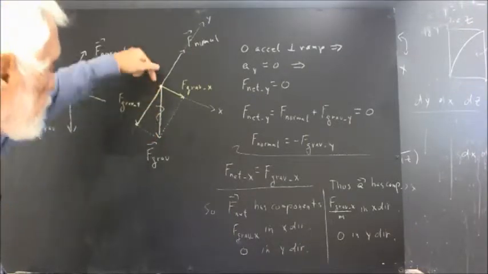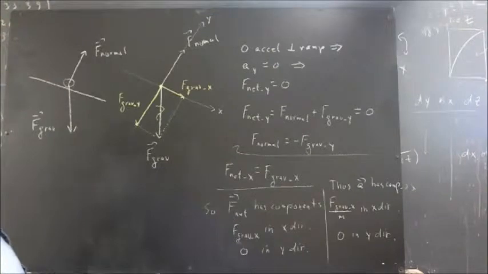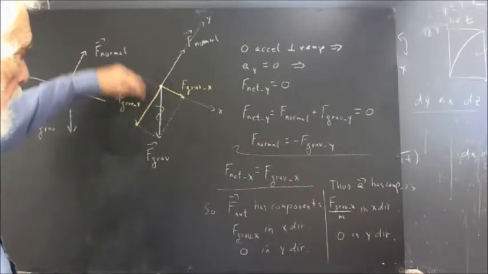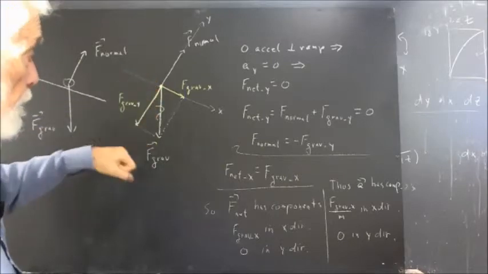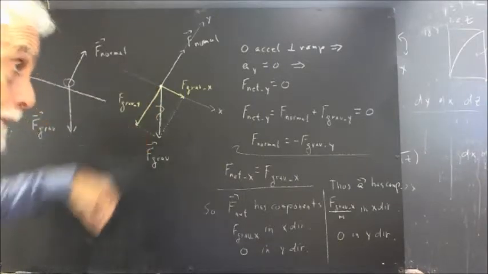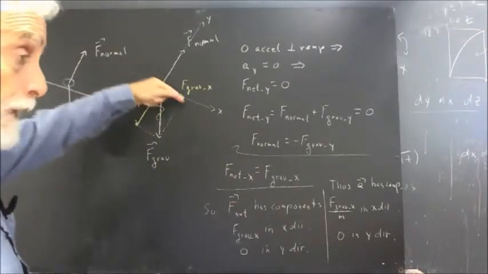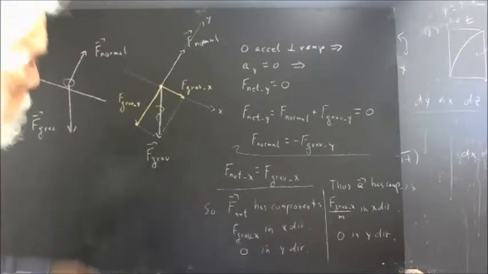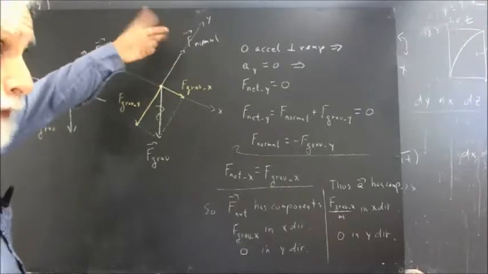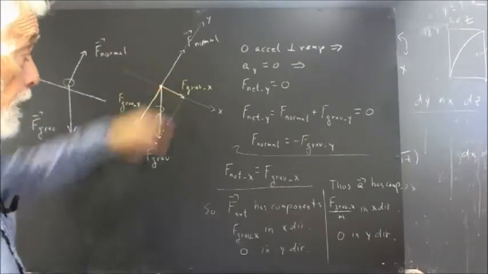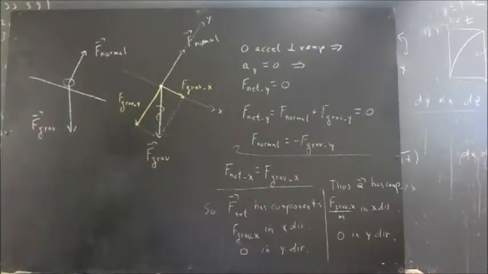This is just the vestige of our gravitational force vector, and I've replaced it by the two component vectors, because the gravitational force vector has exactly the same effect that the two component vectors would have. So again, the two component vectors in the y direction add up to 0. The net force is just our F grav x.